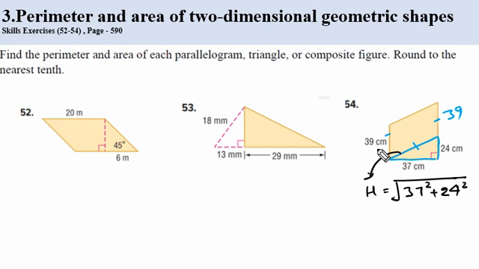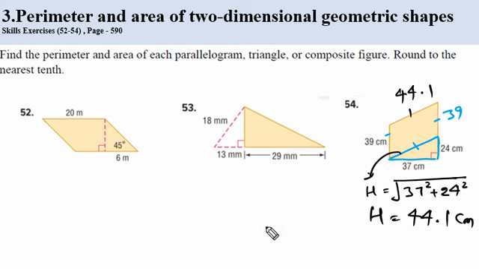So square root of 37 square plus 24 square is equal to 44.1021. So let's take 44.1, and that is in centimeter. Now this is 44.1, so this will also be 44.1.